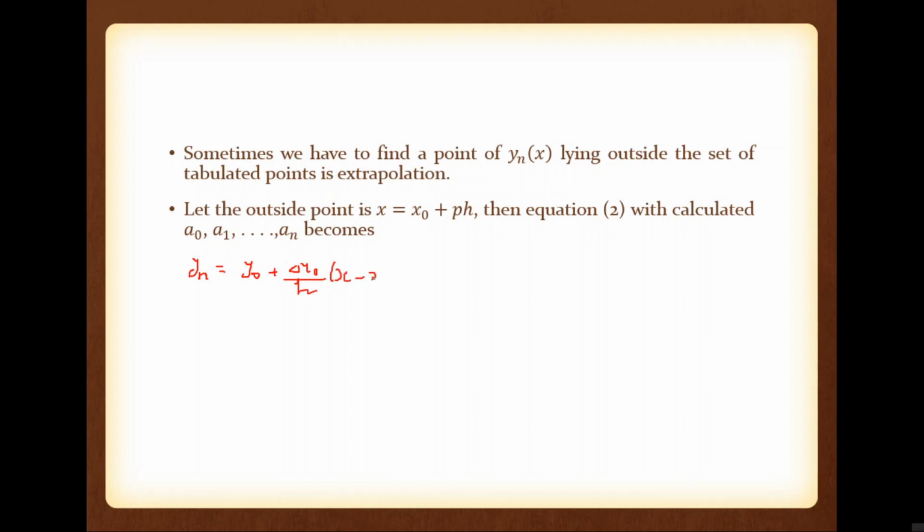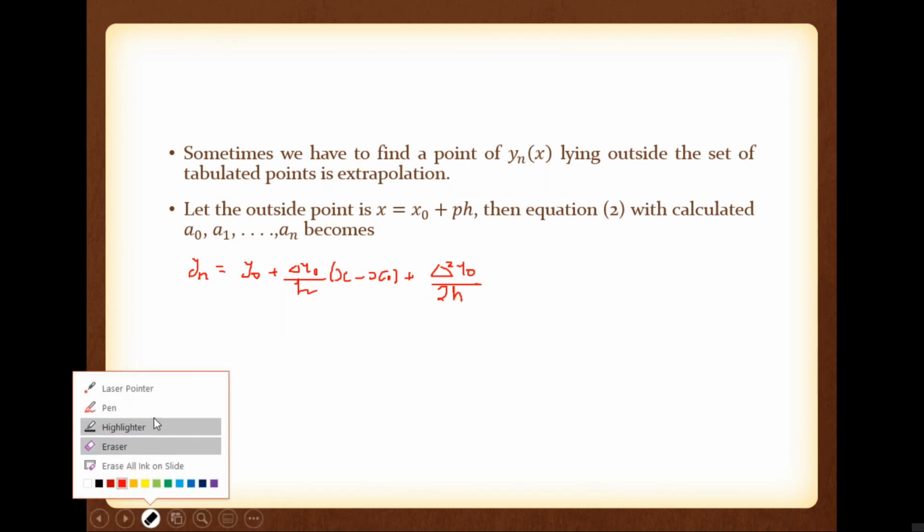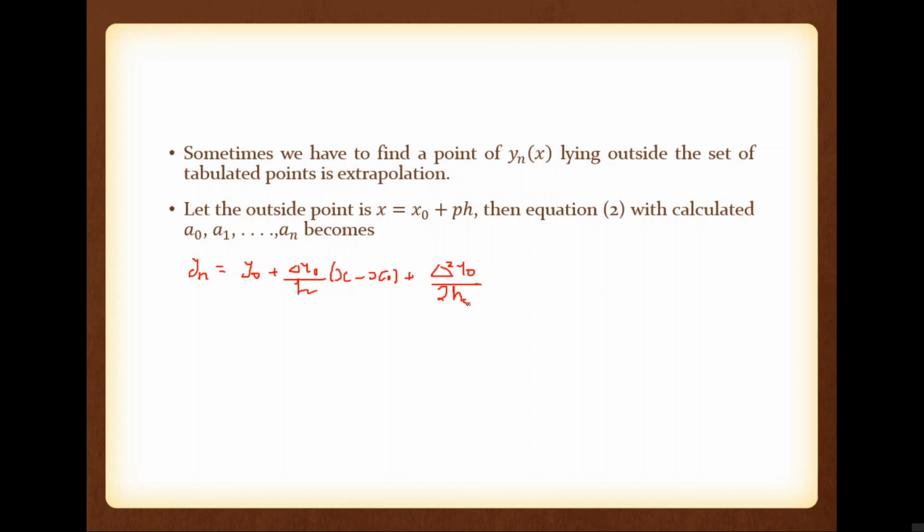Plus, etc. One more time we can write a2. a2 is delta square y0 divided by 2 factorial h squared. So we can write 2 factorial is 2, into x minus x0, into x minus x1.